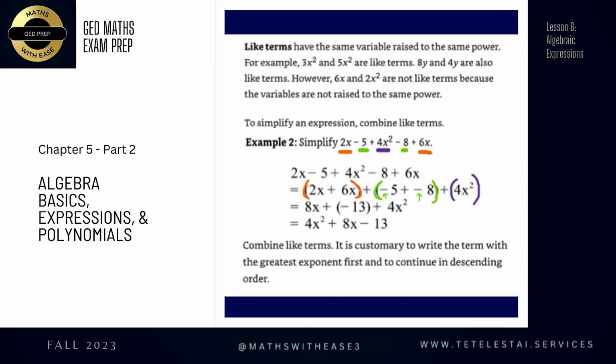Then you just rearrange the terms to write the term with the greatest exponent, or the greatest power, first. In this case, it's 4x squared, then 8x. There's no sign in front of 8x, so that indicates that it's positive. So you would write 4x squared plus 8x minus 13.